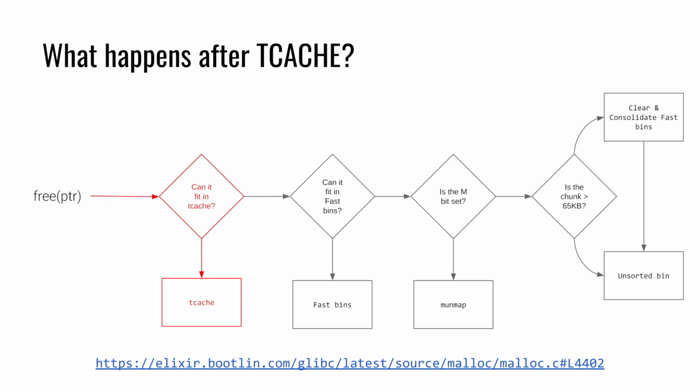The only other thing worth noting in this flowchart is that if the freed chunk is exceptionally large, in this case larger than 65 kilobytes, then the dynamic allocator will do some cleanup and maintenance where it's going to clear and consolidate the fast bins. Again, we'll explore fast bins in greater detail in the next lecture, but it's worth mentioning on this slide so that you have a complete picture.